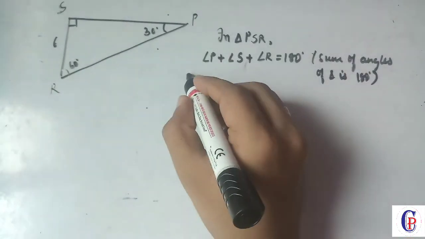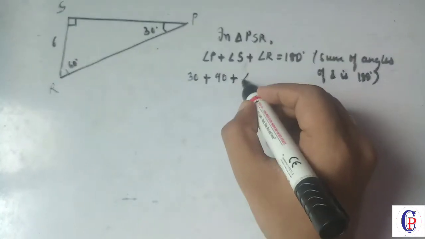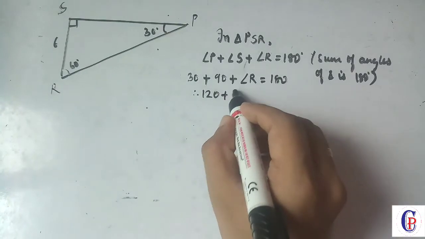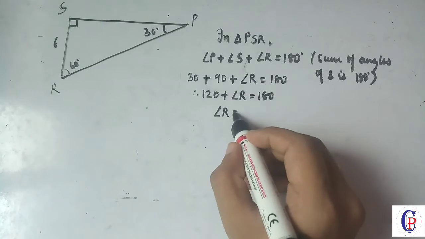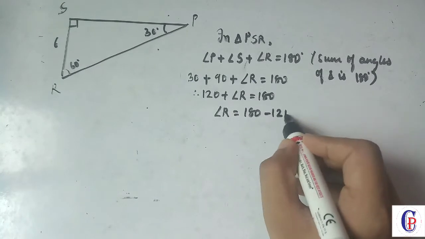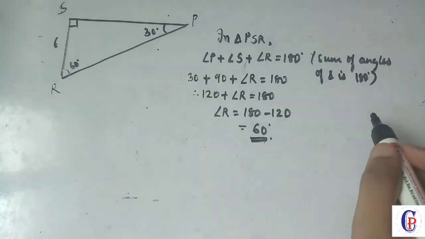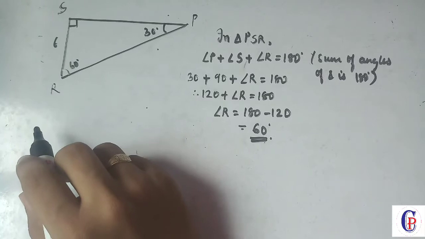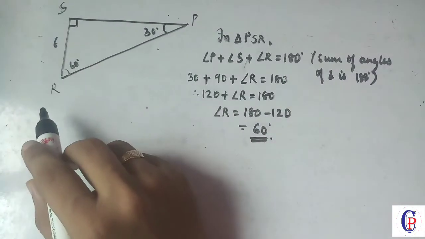We knew angle P is 30, angle S also we knew, we did not know angle R. So this is 120 plus angle R. It is the same thing we discussed; we are just writing it. In exam you need to write everything you find on your own. So we get angle R is 60 degree. So this triangle becomes a 30, 60, 90 degree triangle.